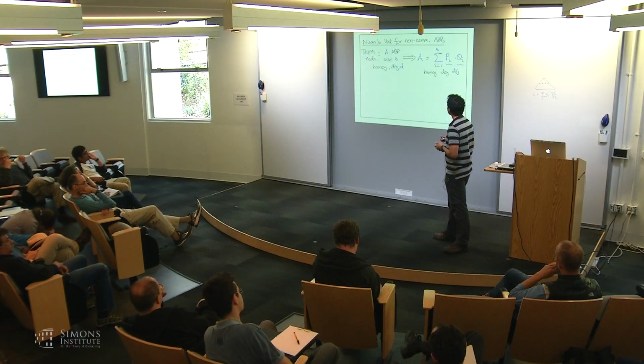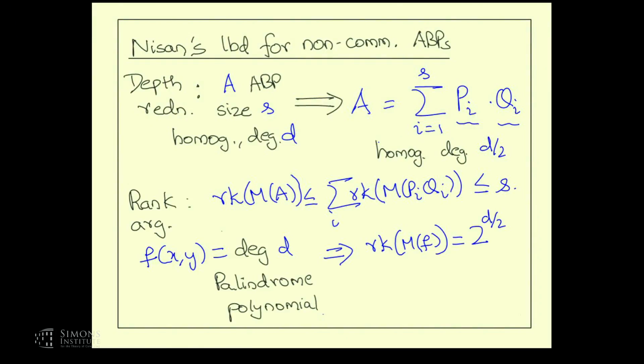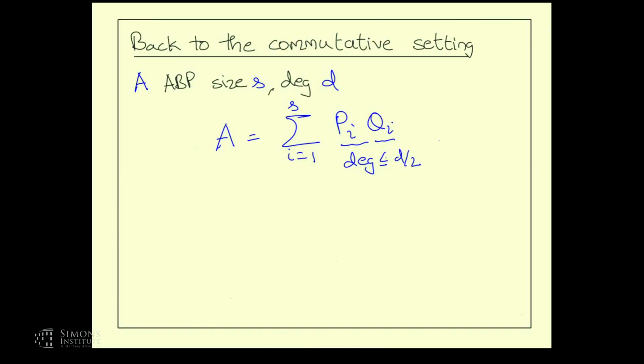Okay. So that's the lower bound. Just before I continue, Rahul asked why doesn't this work for non-commutative circuits? The reason is that the basic identity I wrote down for commutative circuits in the last talk doesn't quite pan out in a non-commutative setting.